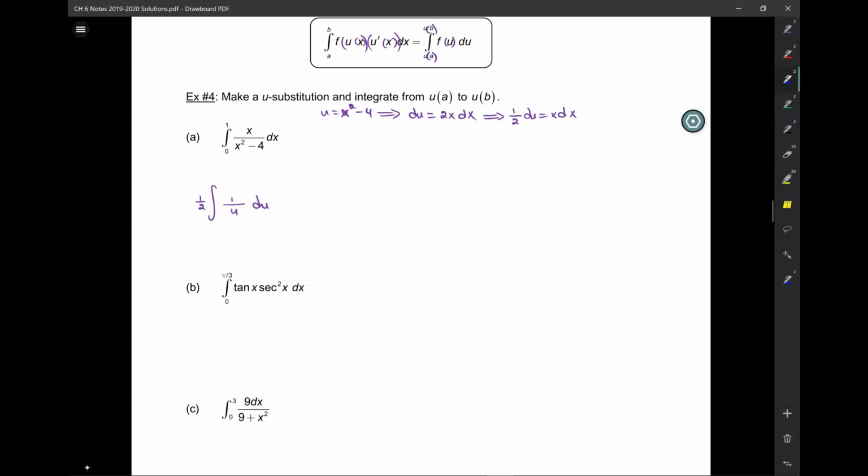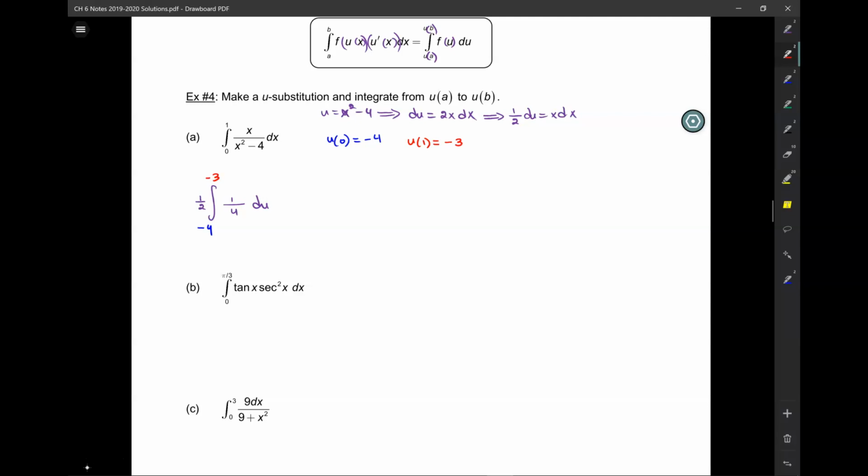It has to go according to its function. So what do I have to do? I have to find u of 0. So plug 0 into the function u. 0 squared minus 4 is negative 4. So that goes here. u of 1 is 1 minus 4, negative 3. That goes there.